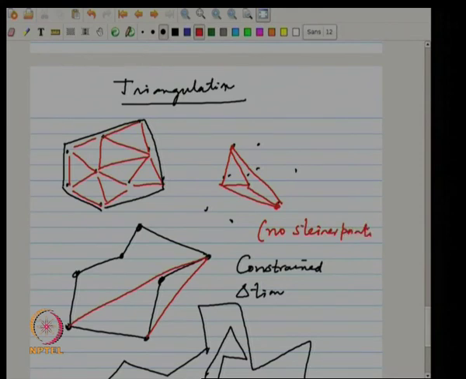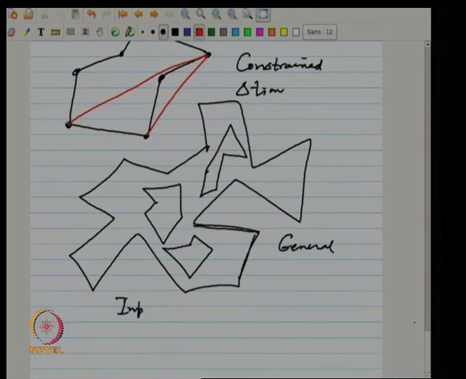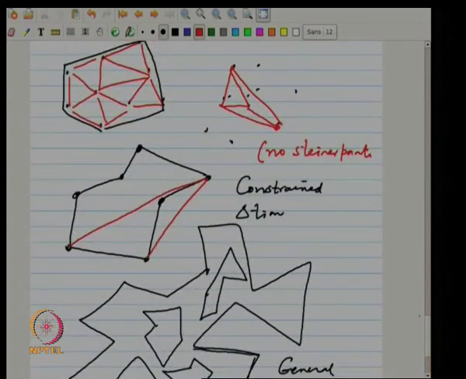Are we allowed to triangulate like this? Here we are basically introducing Steiner points, so we are not allowed to. When you talk about triangulation in the context of simple polygons or computational geometry, we are not using any Steiner points.